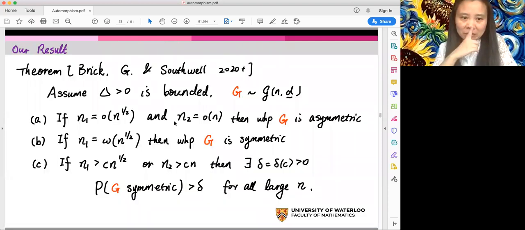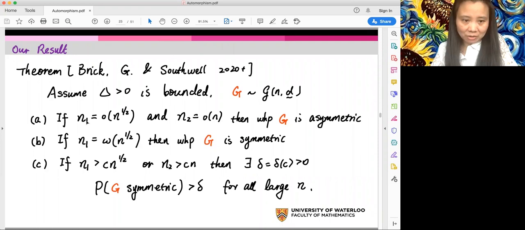Okay, so this is our result. Here is a case where you think about the degree sequence where the maximum degree is bounded, just as a simpler version of the theorem. So you take a bounded degree sequence and then take a random graph given that degree sequence.